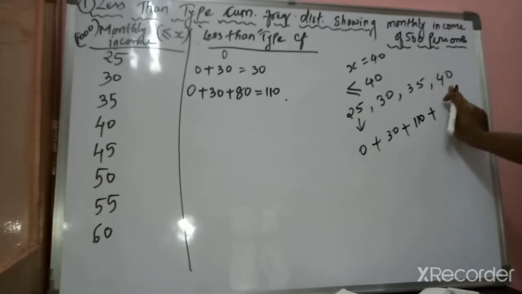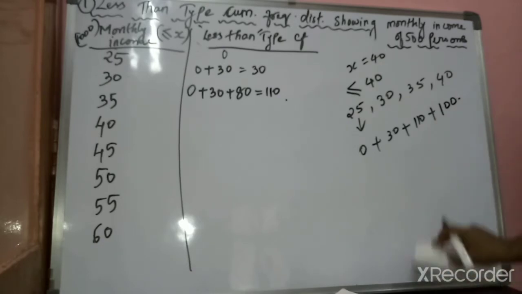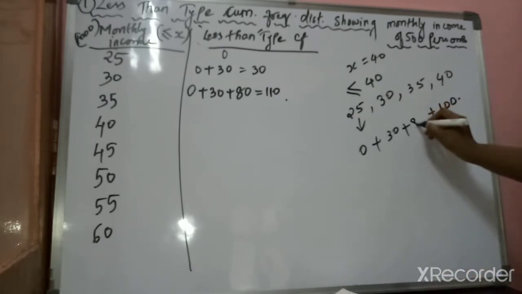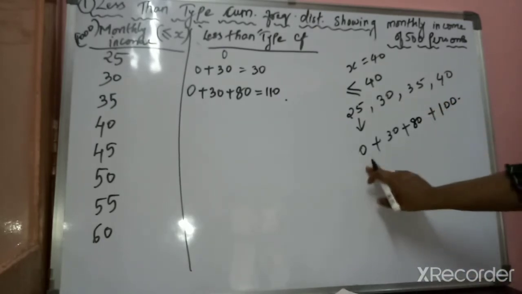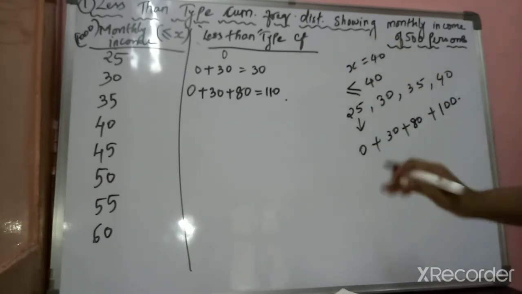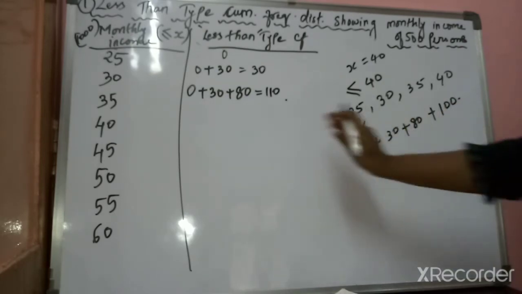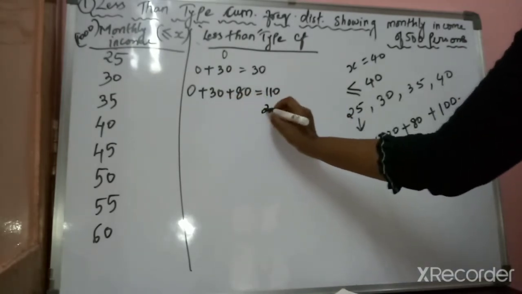For below 40, how many are there? Just look and tell me. Yes, it is 100. Sorry, this is 80. So 0 plus 30 plus 80 plus 100. Likewise, you have to just add it up. So after adding, what is the number? Yes, 210. So I am just writing it down.